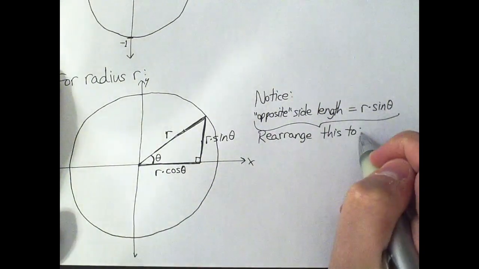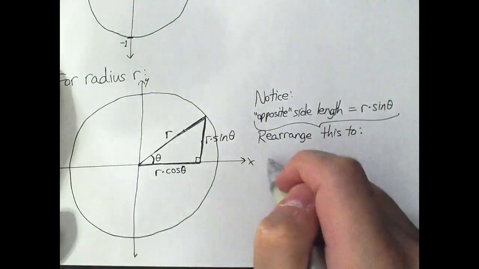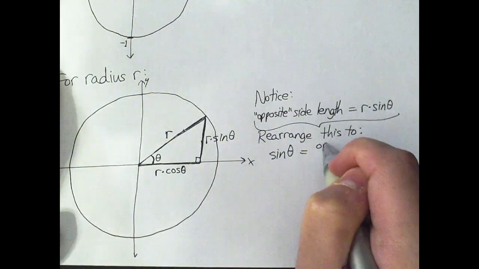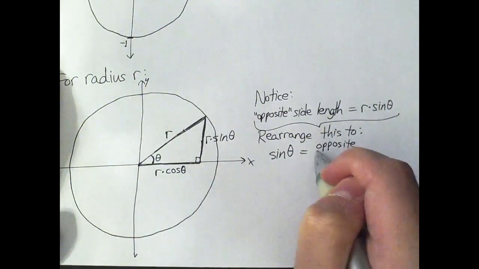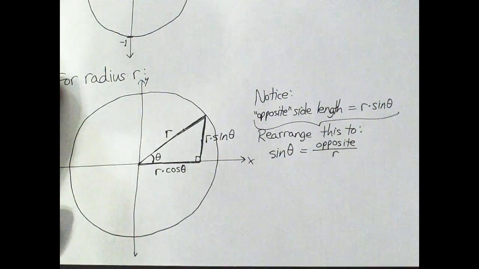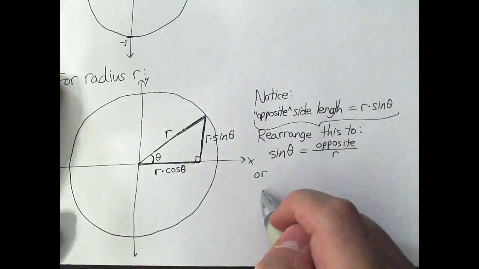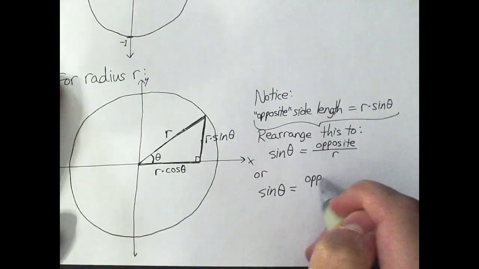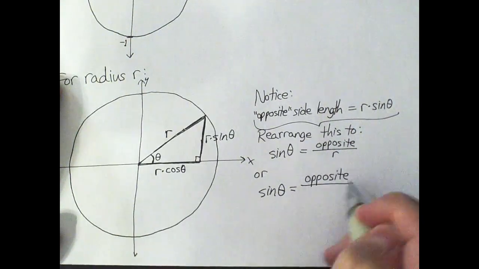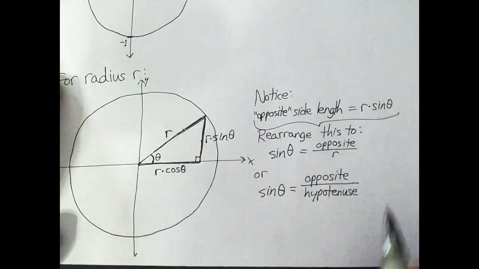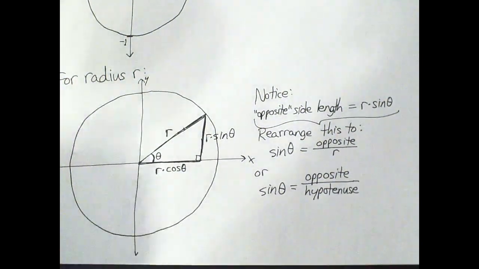We can rearrange by dividing both sides by r, and we get sine of theta equals the opposite side length divided by r. Or the way that it's more commonly known is sine of theta is equal to the opposite side length divided by the hypotenuse side length, because that's what r was measuring.